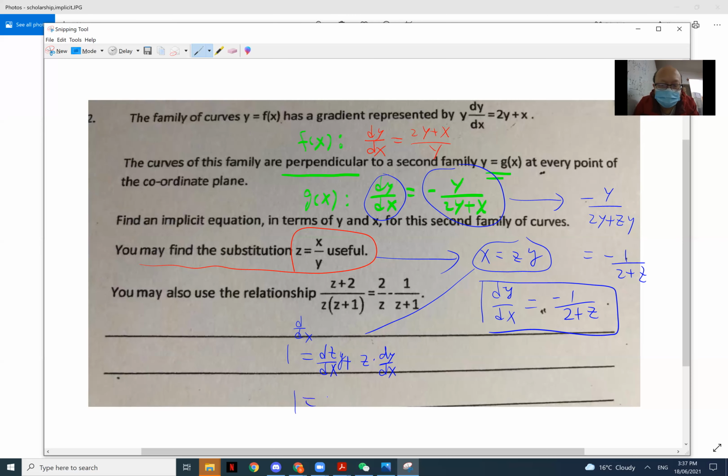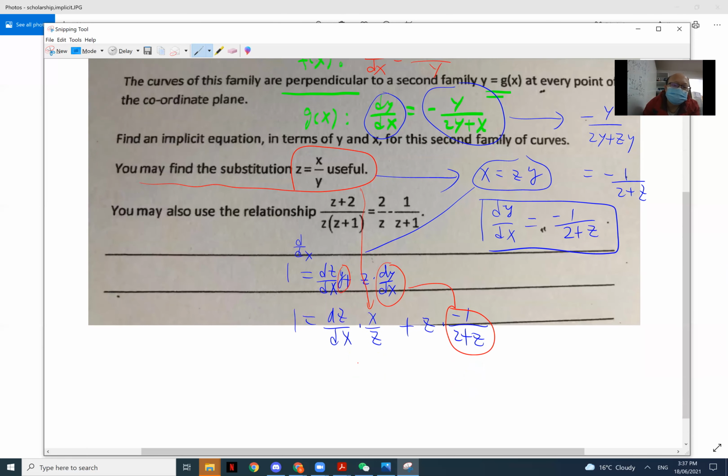Not sure about dz/dx, we just copy down. y is just x over z, and dy/dx is just negative 1 over 2 plus z. Check what we did: we just did substitution. This part is from the previous question, and this y is just x over z from the original. So the whole idea is pretty much just substitution.